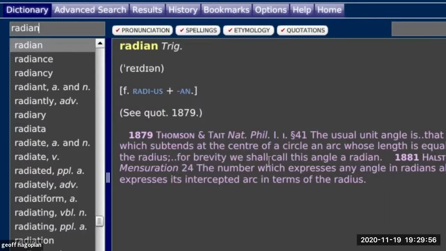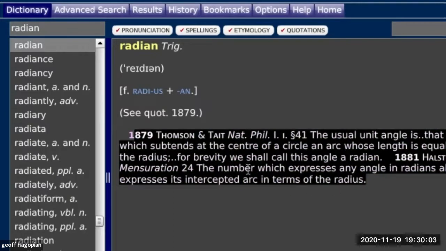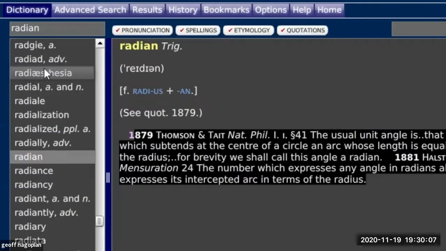For brevity, we shall call this angle a radian. So this is a reference to some historical quote from 1879, right? So they're not giving us another definition of radian. That's all they've got, this historical quote. Okay, well, that's a little bit hedgy, isn't it?